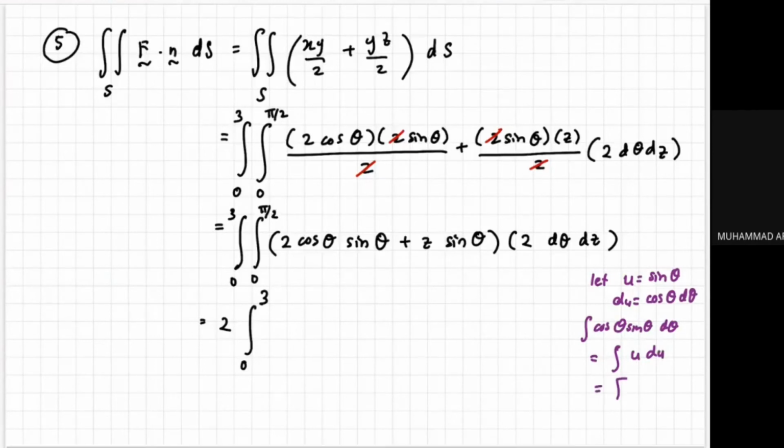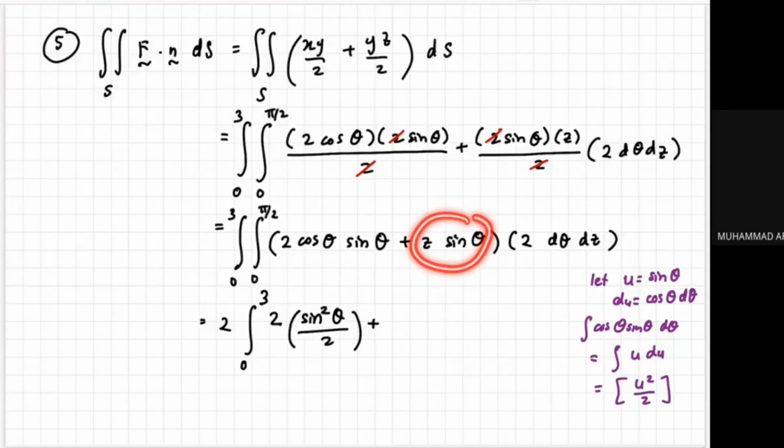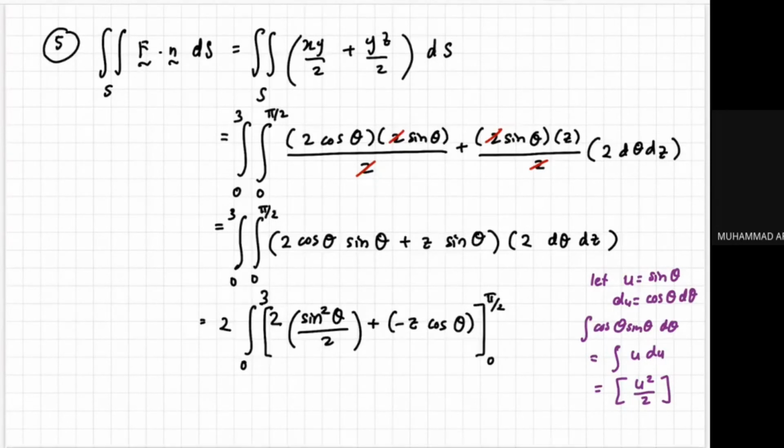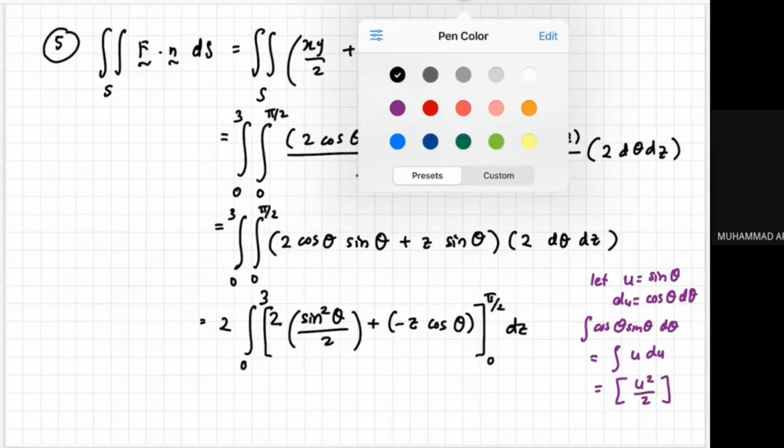You will get u squared over 2, so here you will get sin squared theta over 2 plus, with the second part, integrating with respect to theta, you will get negative z cos theta. This is from 0 to pi over 2, dz.